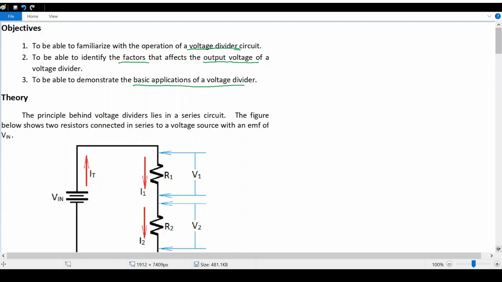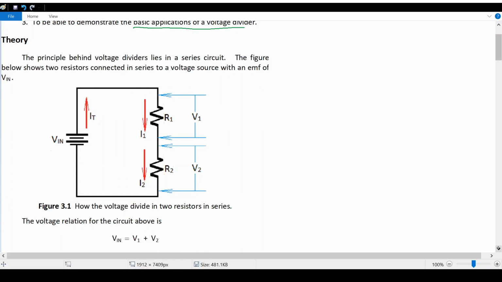In a direct current circuit, the voltage supplied in a circuit is distributed among the resistors connected in series. In this figure, there are two resistors connected in series, and there is voltage V1 and voltage V2 that are distributed in each resistor.